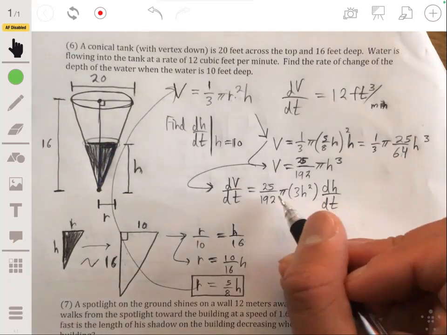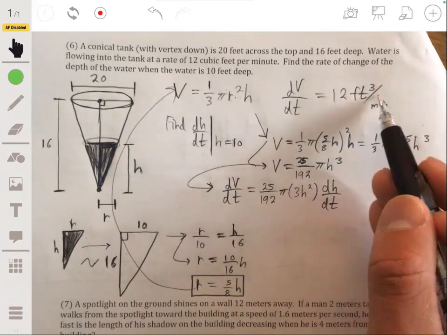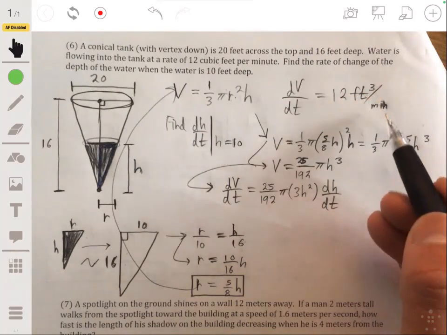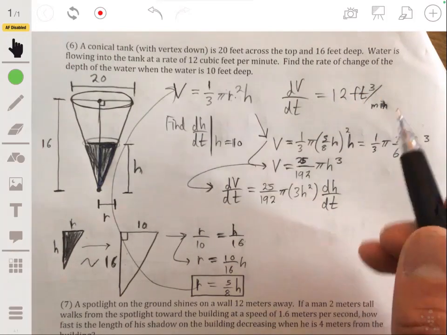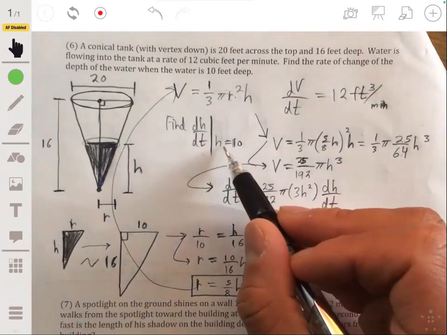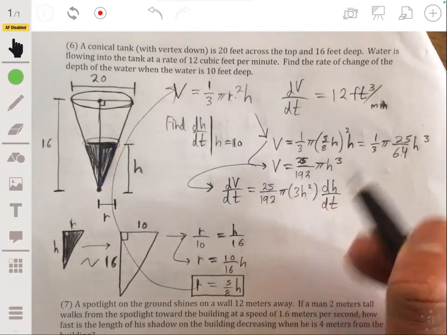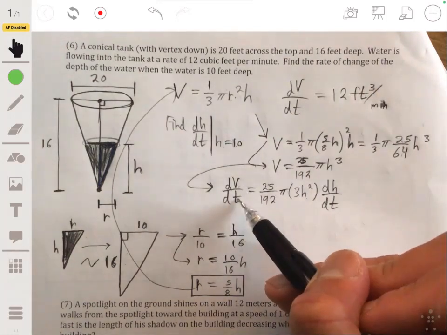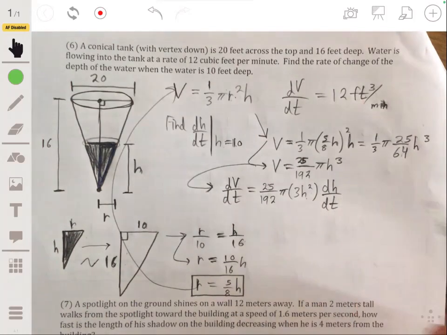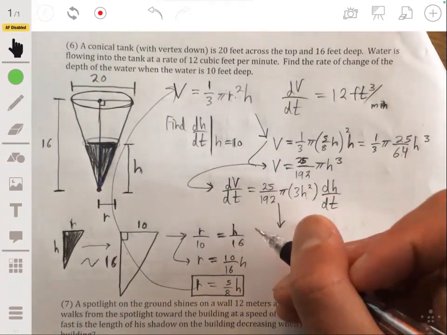Now, we know what dV/dt is. We were given that it's 12 cubic feet per minute. And we're finding dH/dt when H is 10. So we just plug 10 in for H and 12 in for dV/dt, and then we can solve for dH/dt. So now it just becomes an algebra problem.